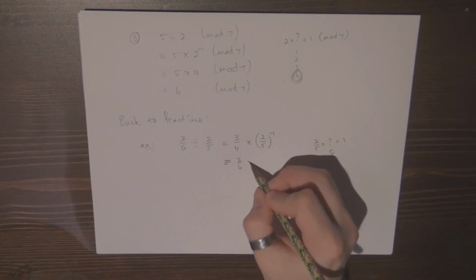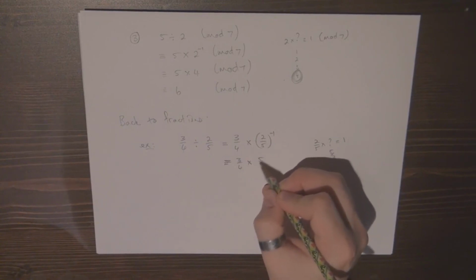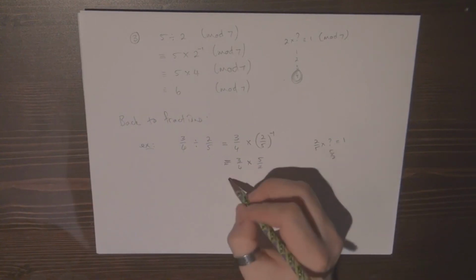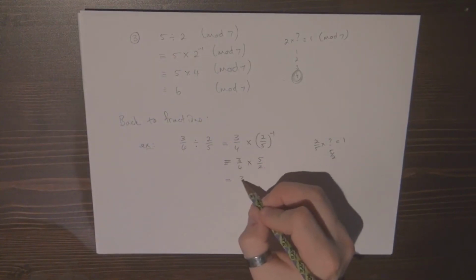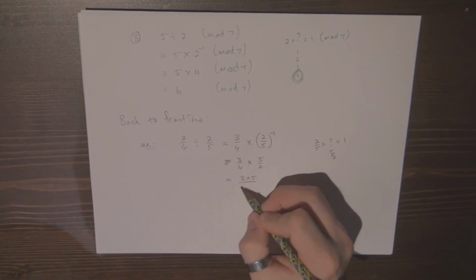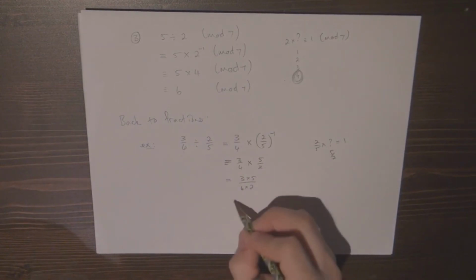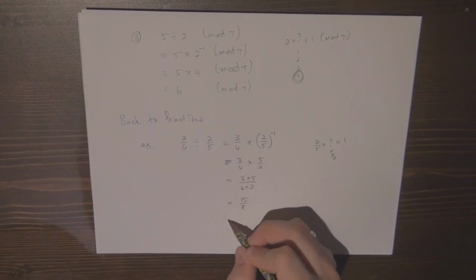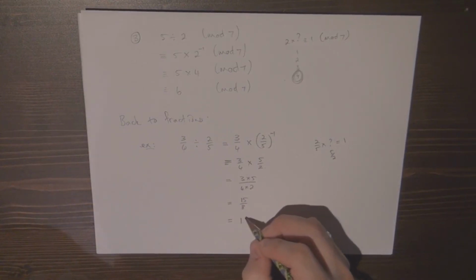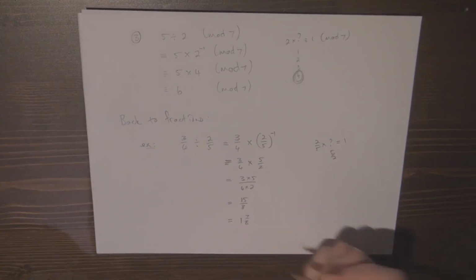So the multiplicative inverse of 2 over 5 is 5 over 2. And multiplication is much easier than division, it's simply 3 times 5 over 4 times 2. And I can simplify that as 15 over 8, or if you want, 1 7/8.